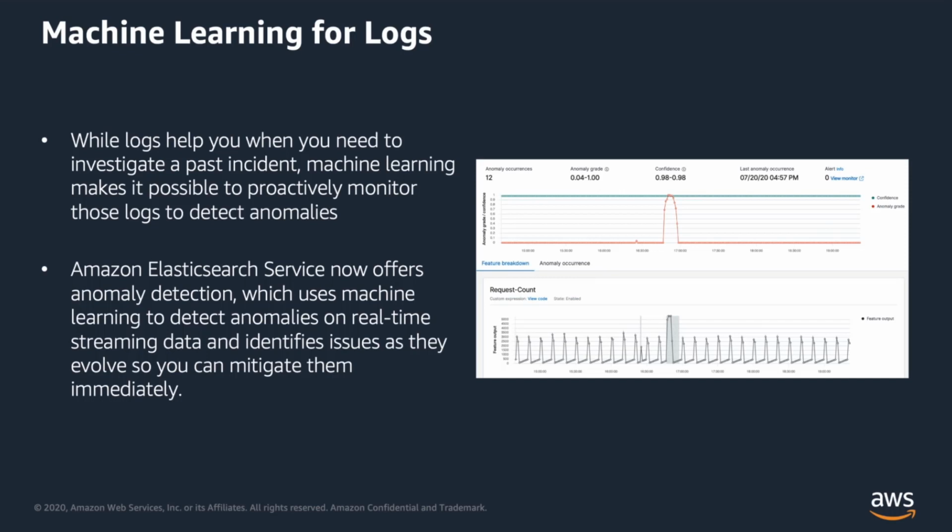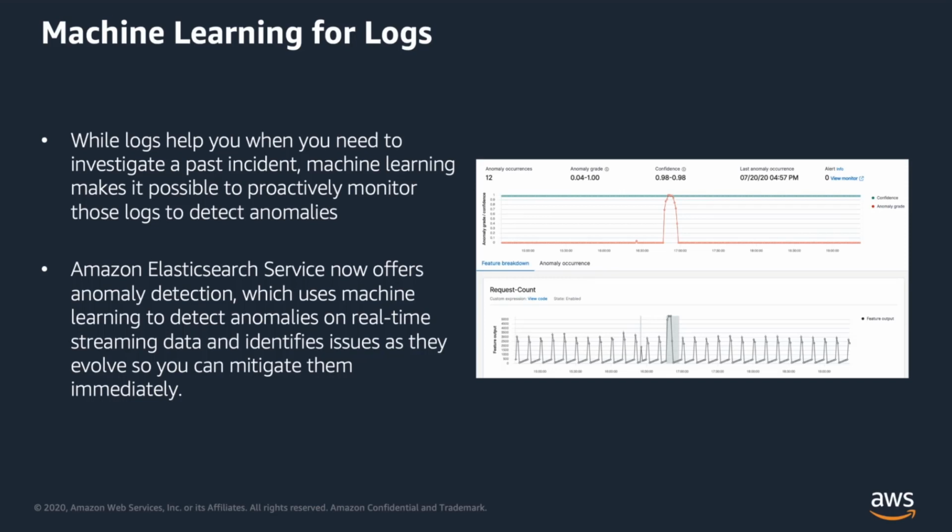with diversity in your applications. The more applications that you have, the more dynamic your traffic patterns are. It becomes really complicated to configure and maintain this type of a threshold-based mechanism for monitoring proactively.